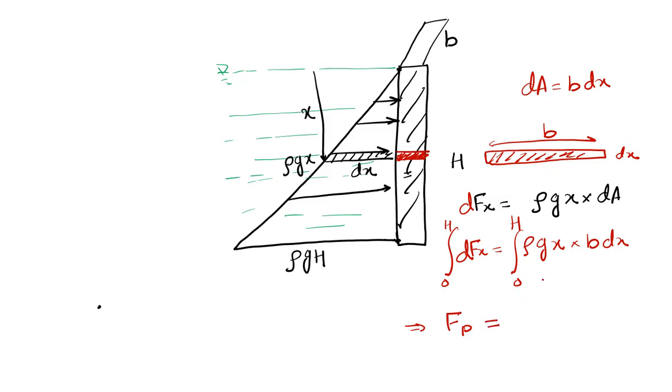Since rho, g and b are constant, I can take them out, so I have rho g b times the integral of x dx from 0 to h. This will give me a result of Fp equals rho g, which is nothing but the specific weight w, into b into the integral of x dx.